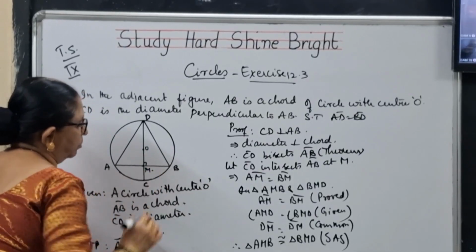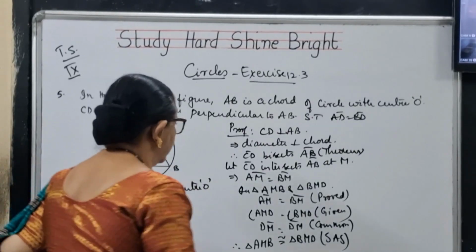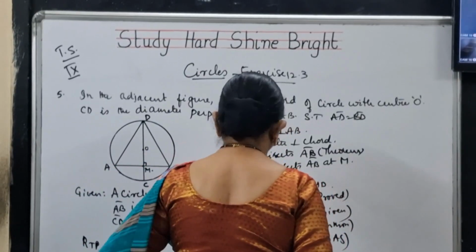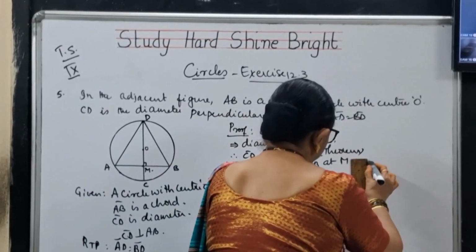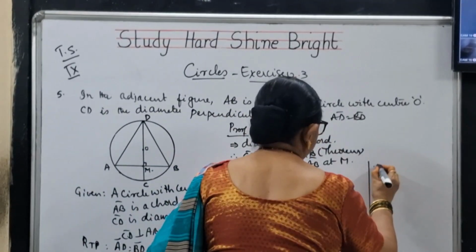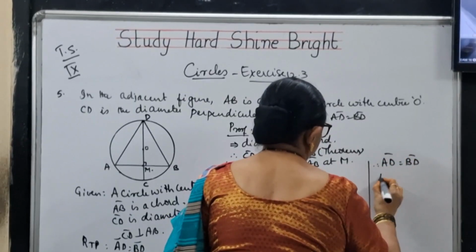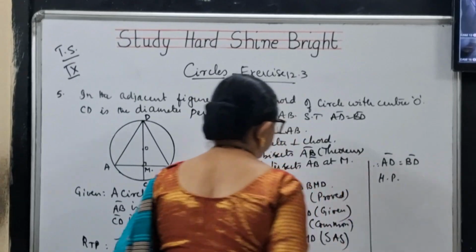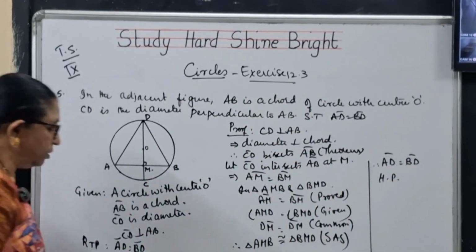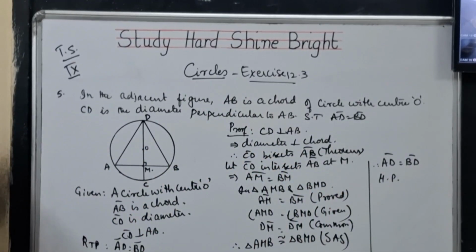So side angle side property, these two are congruent. When they are congruent, each and every side is congruent, therefore we will say that AD is equal to BD, hence proved. This is the proof, children.